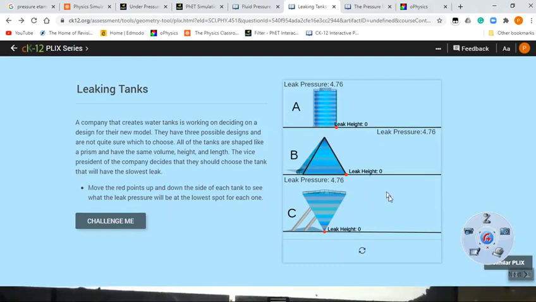So what we see here is that pressure does not depend on the shape of the container, because it just depends on the amount of water pushing downwards. So the fact that pressure is the same at every single depth is the reason why we don't have an effect of the shape of the container.